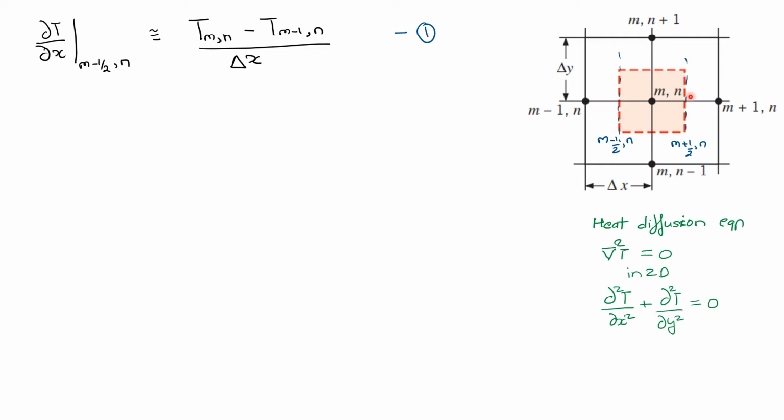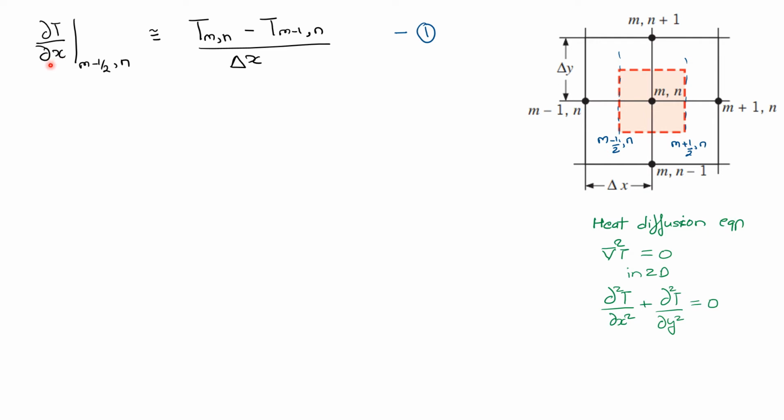That's these two locations right here. So we need to find out how we can approximate the temperature gradient in the x direction between m comma n and m minus 1 comma n, and between m comma n and m plus 1 comma n.